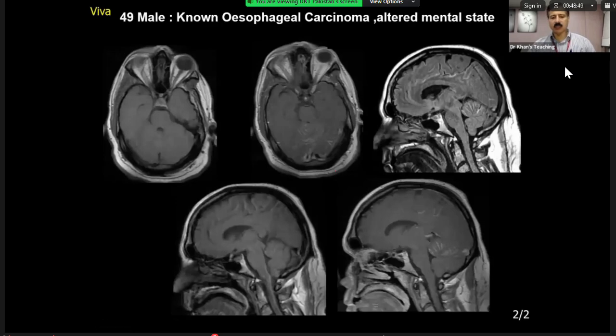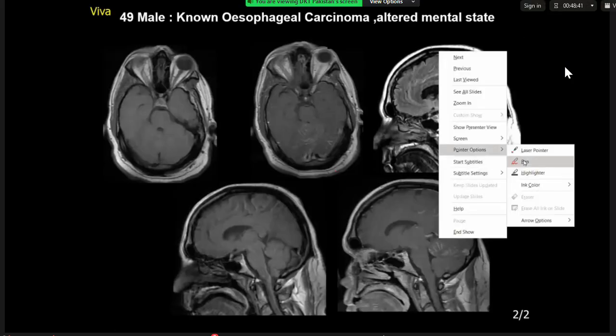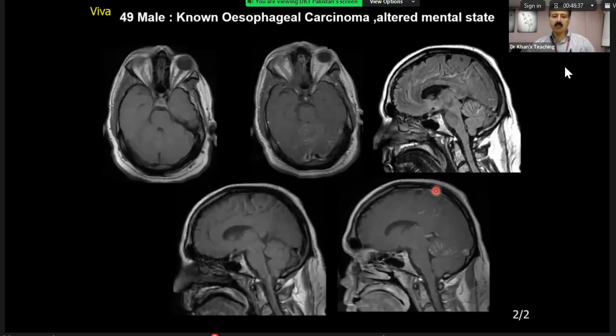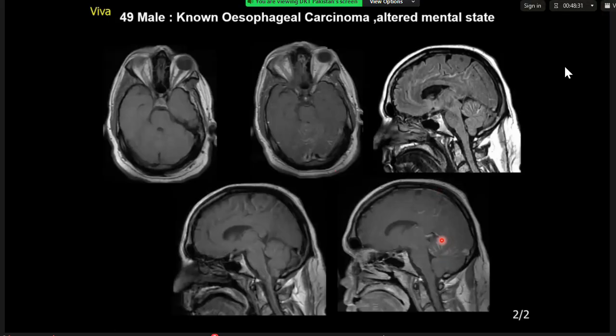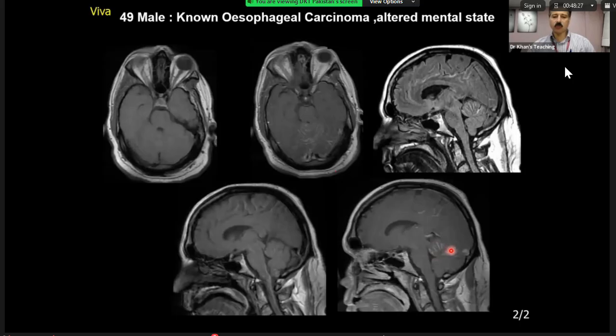And with this finding, what will be your conclusion, candidate 6? So with this finding, it would be leptomeningeal carcinomatosis. Leptomeningeal means it goes gyriform, or along the folia.